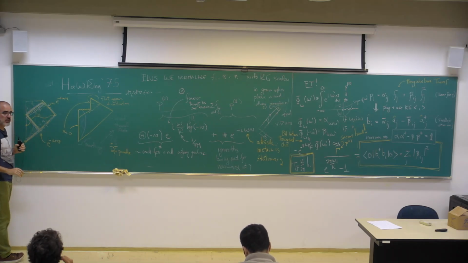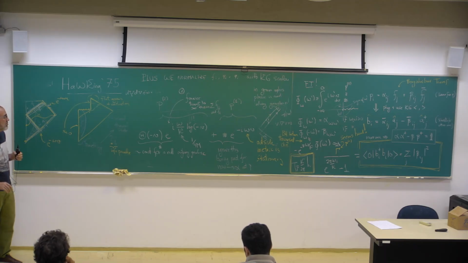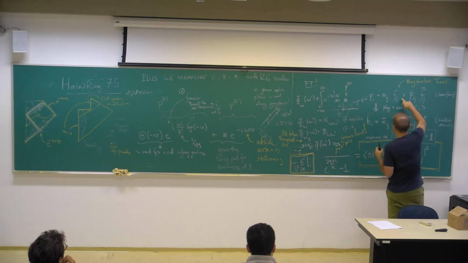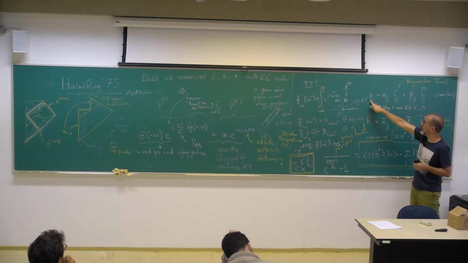I don't know what unitary equivalence is. What is unitary equivalence? Well, you can go from the first Hilbert space to another one in scri plus with a unitary transformation between the two. If you are referring to these equations, they are written here, right? If I know the f's, I know the alphas and betas, I get the p's.